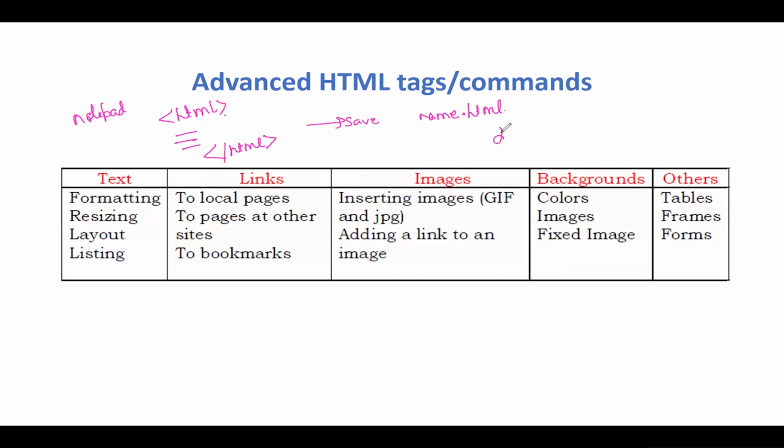Suppose you have saved it on the desktop. The next time you go back to the desktop, you will see your web browser icon. For example, if it is Google Chrome, it will be in this form and it will show the name you gave. When you double click this, the web page will open and you will have all the tags you have written executed. So that is how you execute an HTML command.